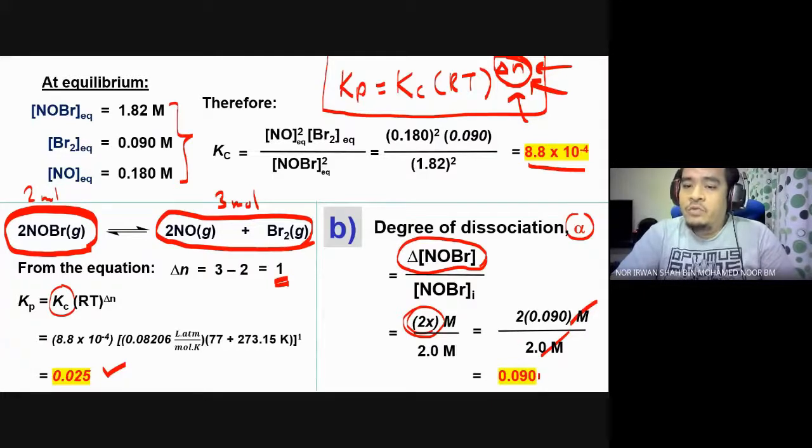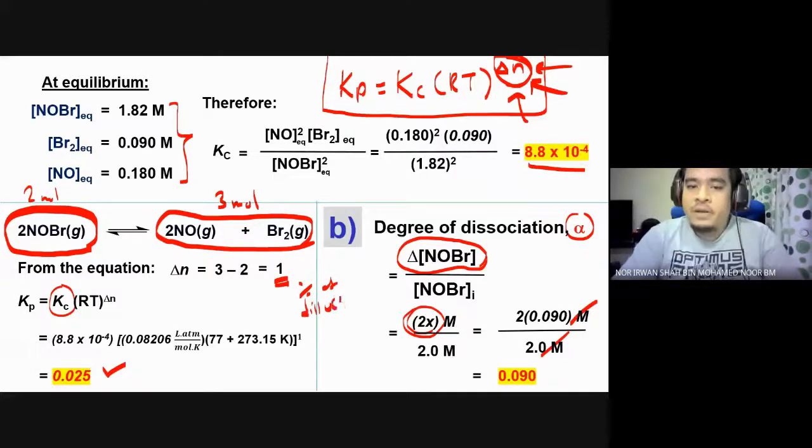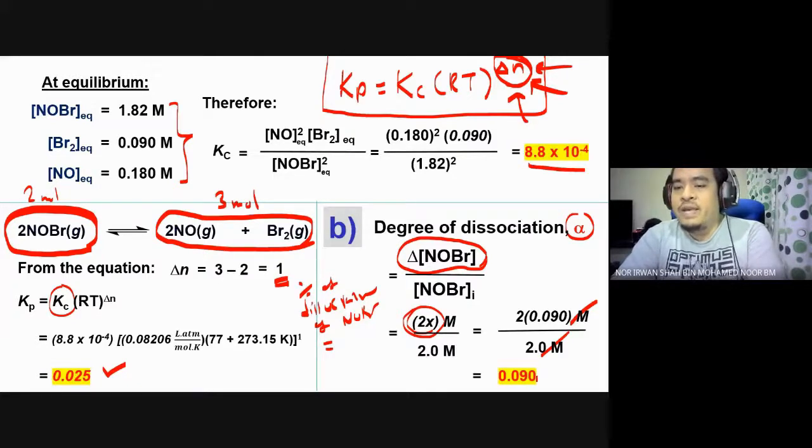If you want to convert from degree of dissociation into percentage of dissociation of nitrosyl bromide, what are we going to get? 0.09 times 100%, so we are going to get 9%.